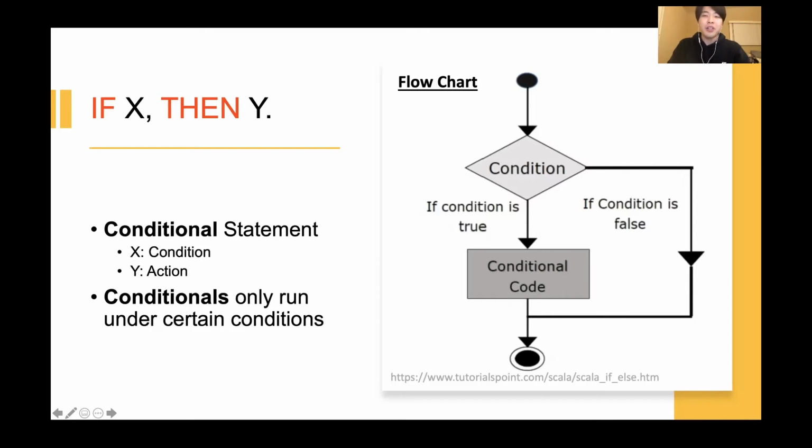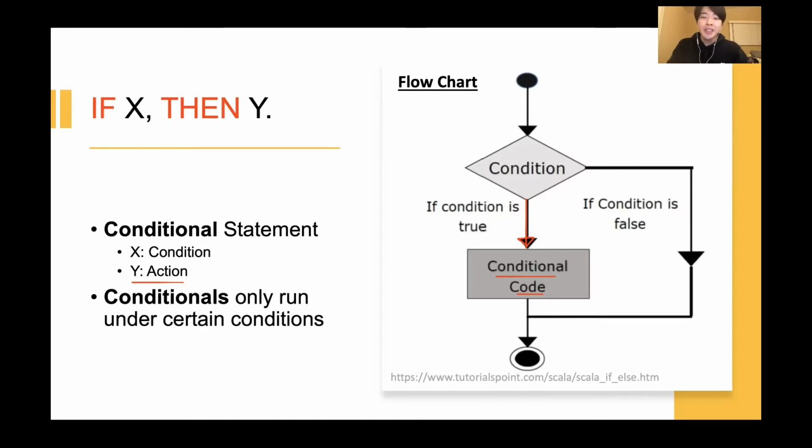There's an incoming arrow, and there's a condition. This condition is X. If this condition is true, do the following things. So in this case, if the condition is true, we follow this path, okay? And it says, if the condition is true, do the following conditional code. So this is what the conditional is. In this case, the action is Y, okay? But of course, this condition may not be true.